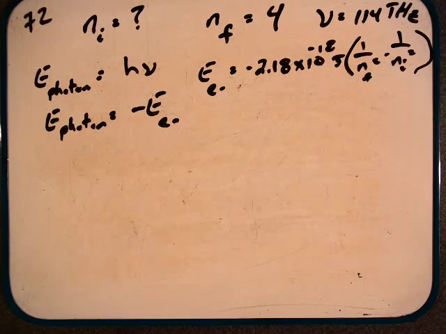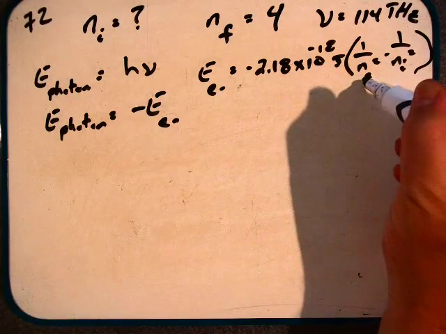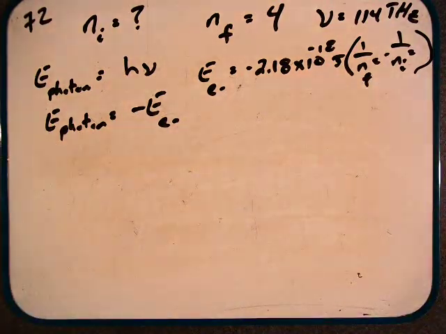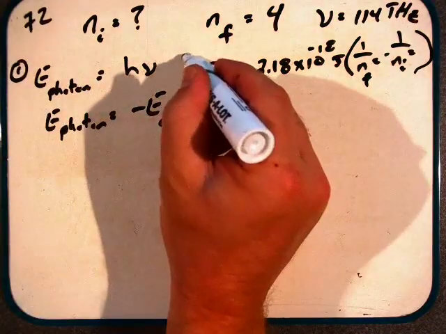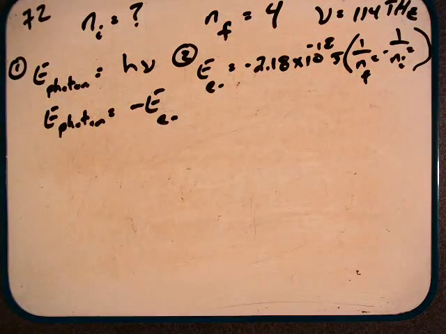So we want to take 1 over n final squared minus 1 over n initial squared. So first we're going to start here, and then we're going to move to that equation.